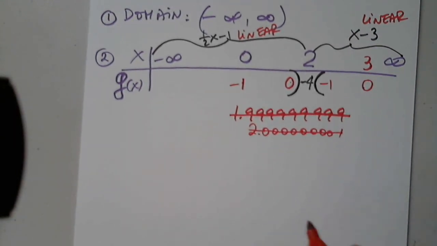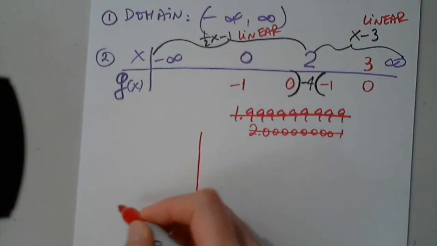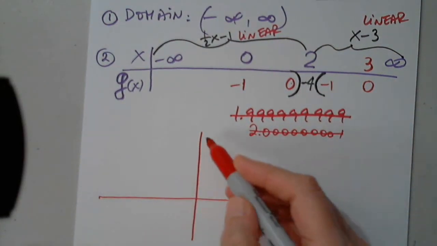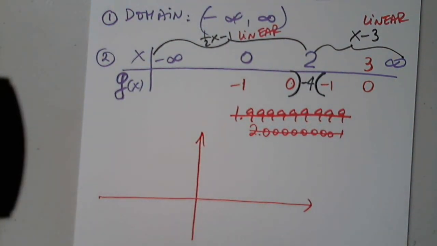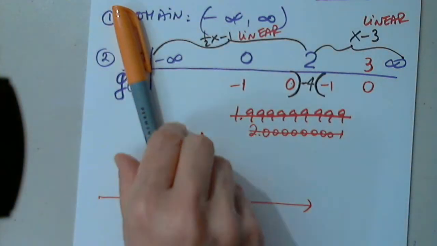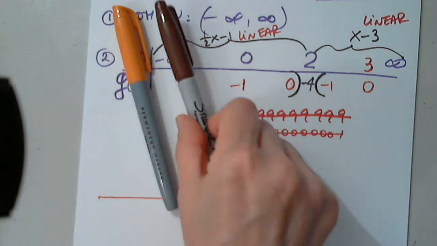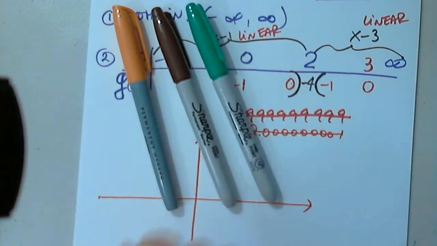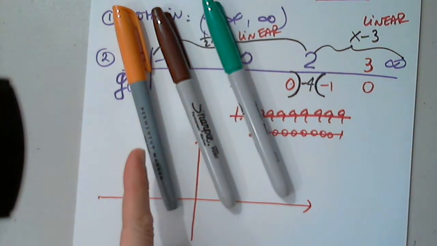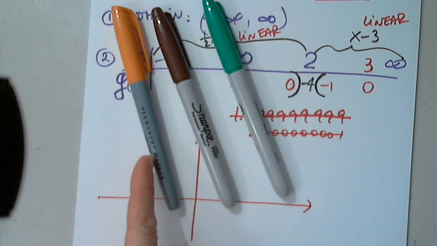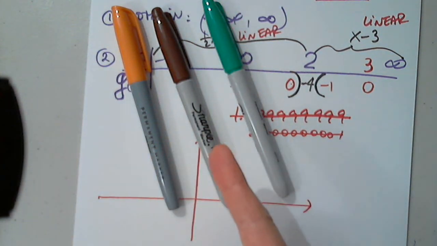Good. So now let's continue with the graph. This function has 3 pieces. Just to make a point, of course that is not necessary, I'm going to use 3 colors. I'm going to use this color for the left branch.